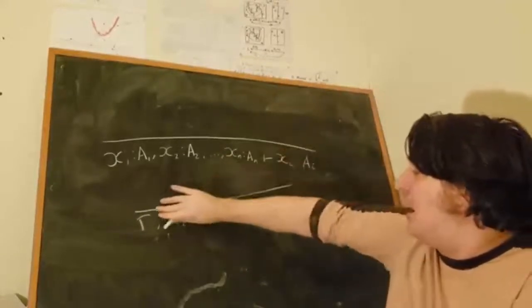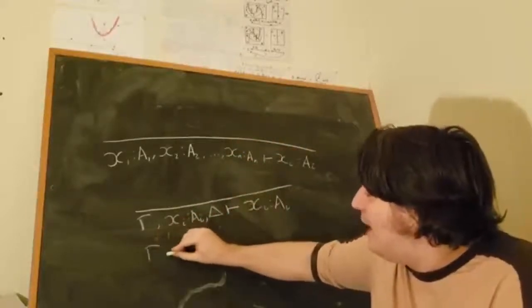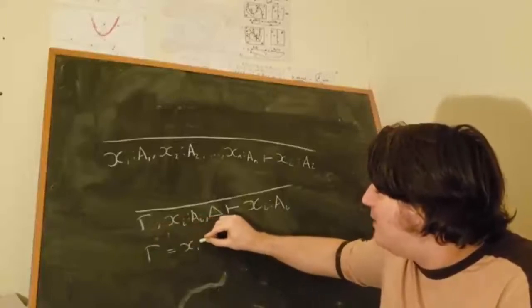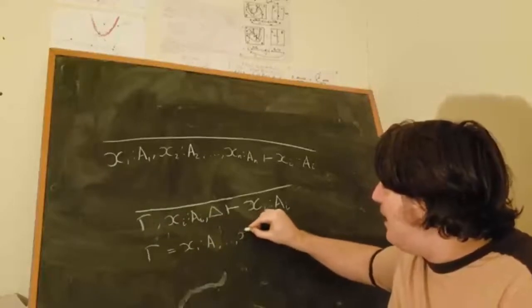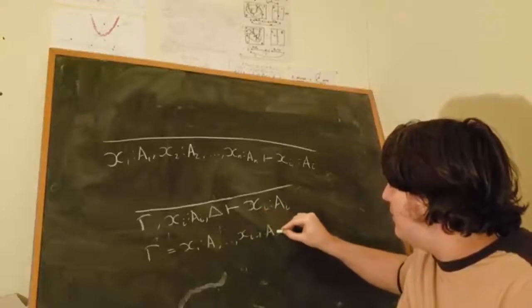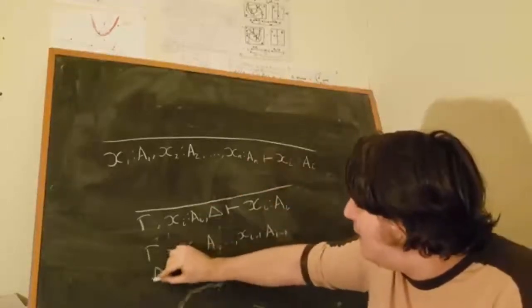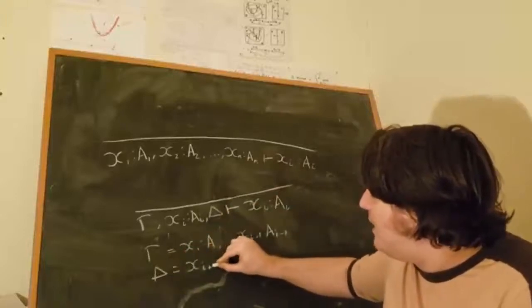So this gives us the special case where this context gamma is the type declaration of variables from 1 to i minus 1, and this context delta is the variables after i.